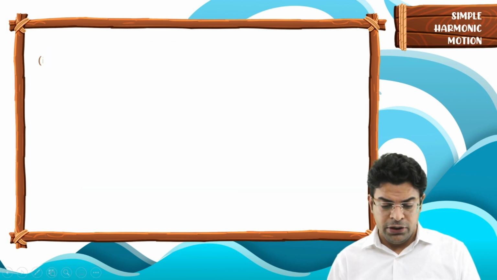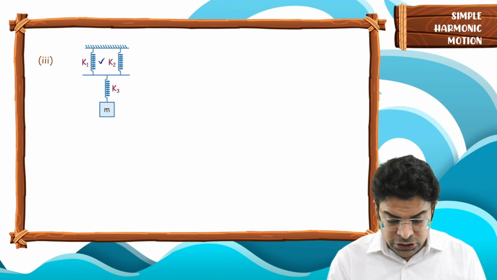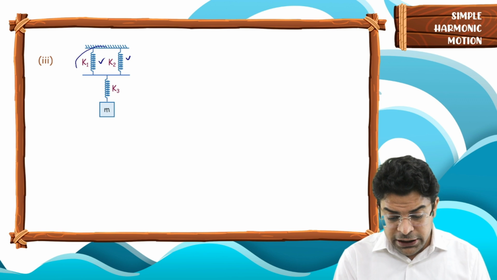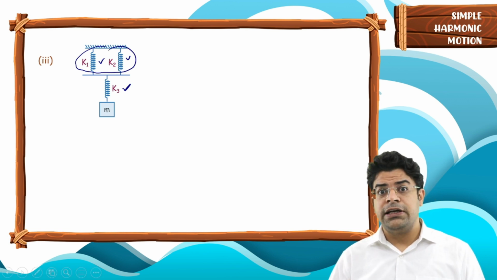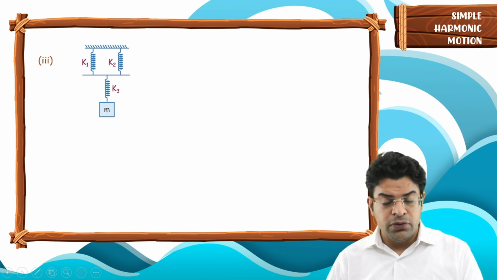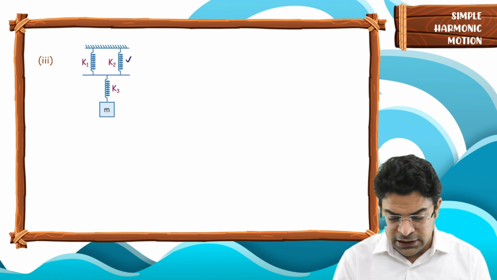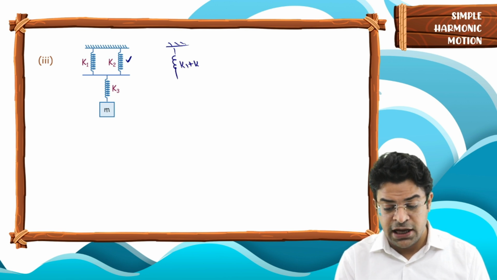Let's move ahead. Let's say they give you this case. Here you have got two springs connected in parallel, K1 and K2, and their parallel combination is connected with a third spring of spring constant K3 in series. So how will you write the equivalent spring constant for this whole system? So first of all, rather than thinking K1 and K2, visualize a single spring having spring constant K1 plus K2 as they are in parallel.